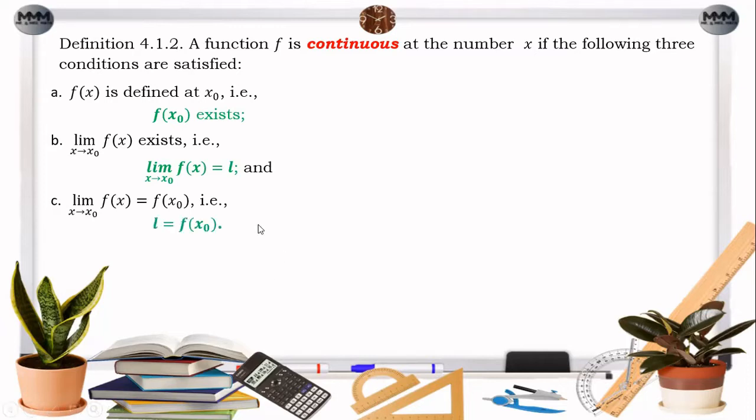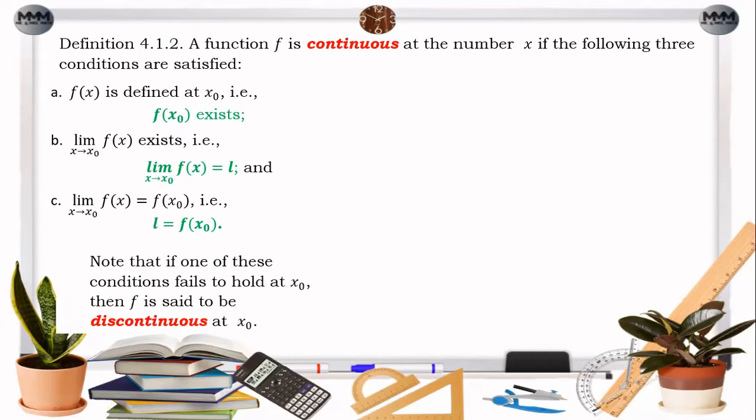That is, we will show that L is equal to f of x sub 0. In other words, we are going to show that the first condition is equal to the second condition.